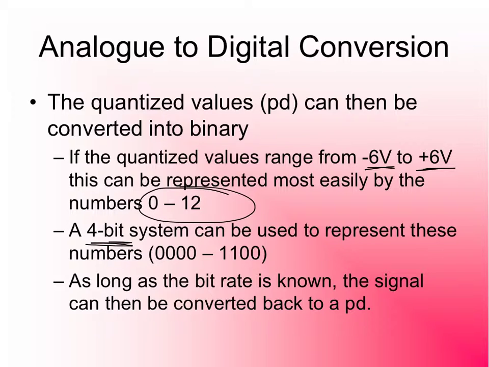Once you get beyond that, then we have to go beyond a 4-bit system and add more and more bits. But you can do 12 or 13 levels very easily with just a 4-bit system. And as long as the bit rate is known, that signal can then be converted back to a potential difference, which can then be used to drive a speaker, or be read by a computer to create an image on the screen, something like that.